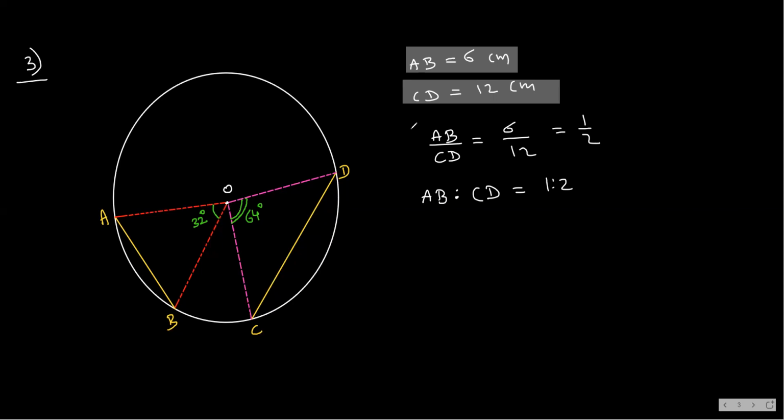So if AB is to CD is 1 is to 2, then the angle subtended by AB, that is angle AOB, is to angle COD will also be 1 is to 2.